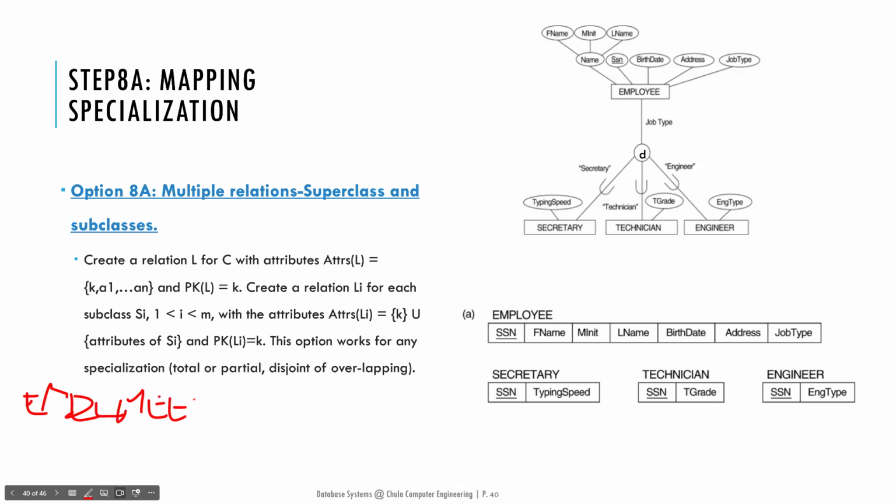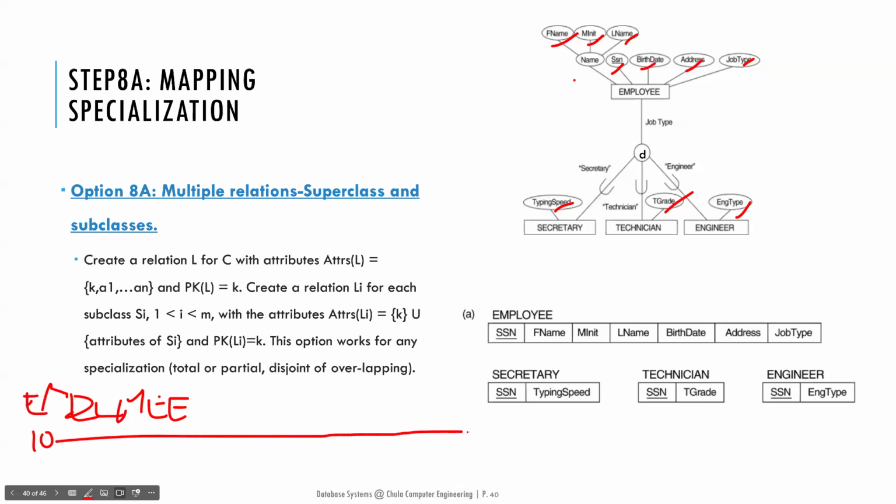Stay with me with my writing, all right? And within that employee, I will take F name, middle initial, L name, SSN, birth date, address, job type, everything. Actually, typing speed, T grade, and engineering type. So 1, 2, 3, 4, 5, 6, 7, 8, 9, 10. I will have 10 attributes listed together here.